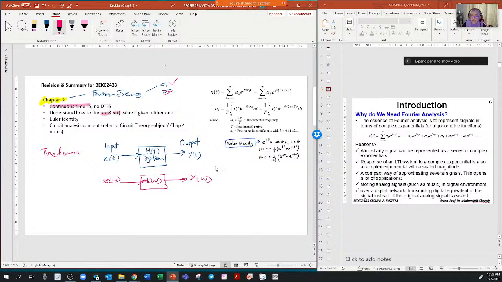And you know that omega is 2 pi over T, where T means the period of that signal. This frequency domain is what you learn in chapter 3 and chapter 4.